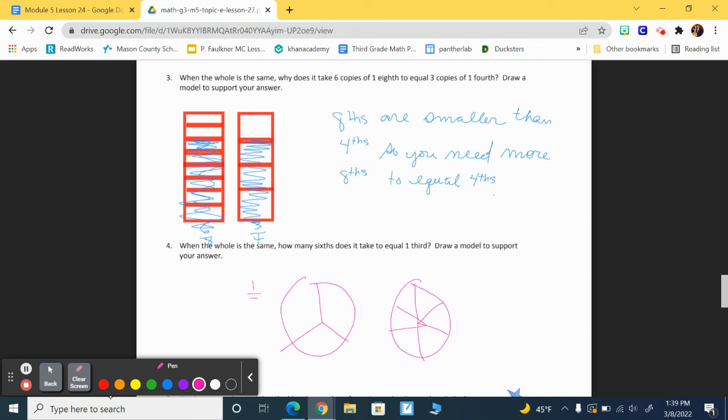So we are, sorry, 1/3. And this one we're going to say is 1/6. So if I look at 1/3 versus 2/6, okay? So if I'm going to color in 2/6, it's going to be there. And 2/6, or sorry, 1/3 is going to be in that area. Okay, so it takes 2/6 to equal 1/3.